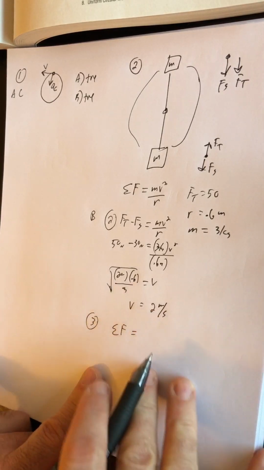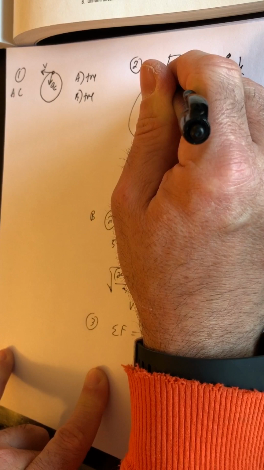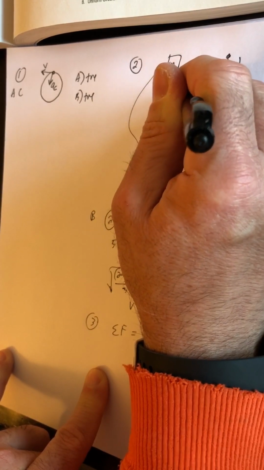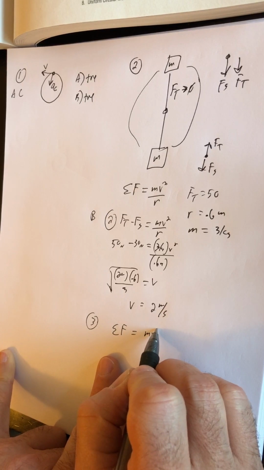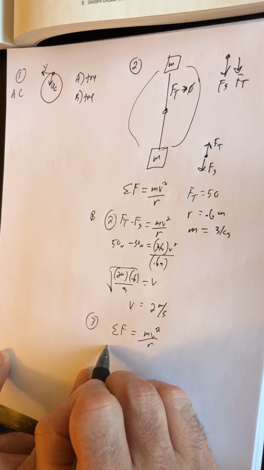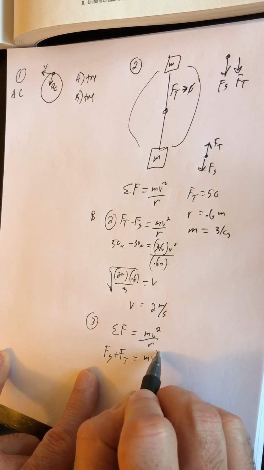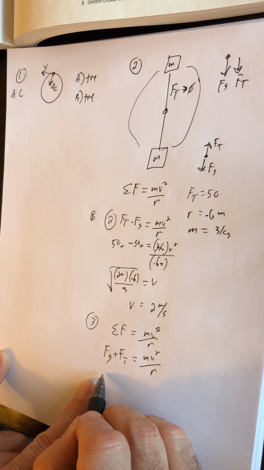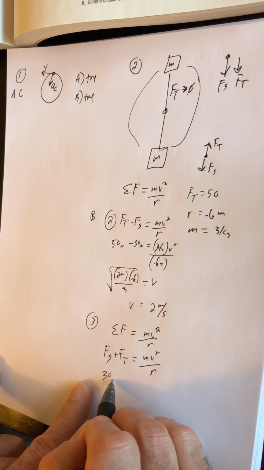And then in 3, I'm at the top. So I want the point where the tension is almost zero. Force of tension approaches 0. So the sum of the forces is mv squared over r. Here they point in the same direction. So gravity plus tension is mv squared over r. For gravity, I'm putting in the 30 newtons.